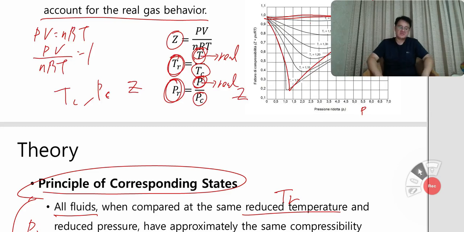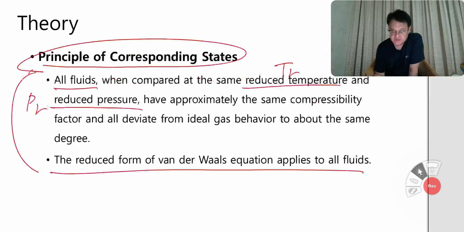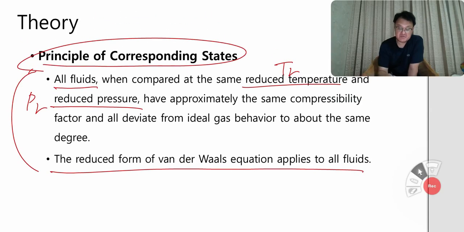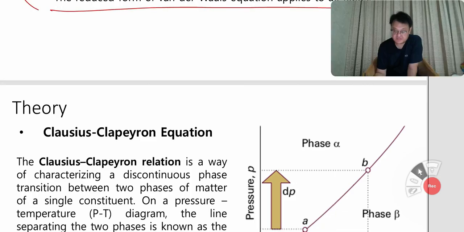So you have to consider different temperatures and pressures for the two substances so that Tr and Pr become the same, and then under these conditions the compressibility factors become quite similar, approximately the same. So that is the principle of corresponding states.